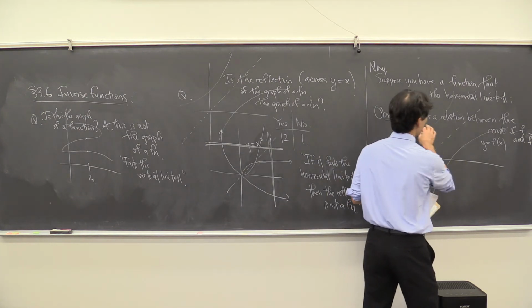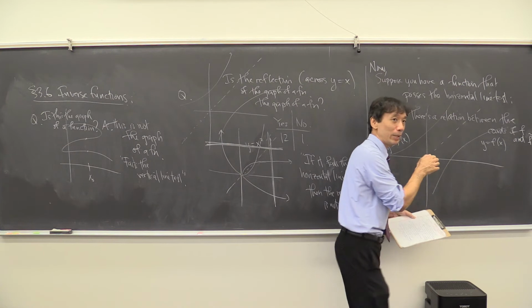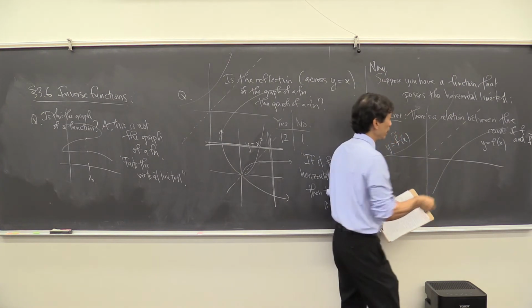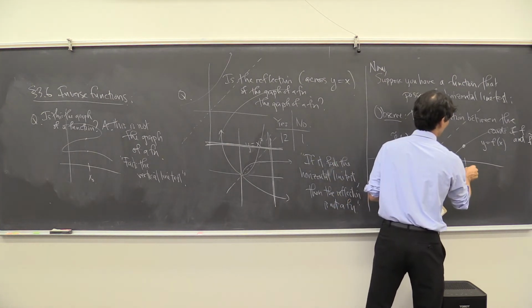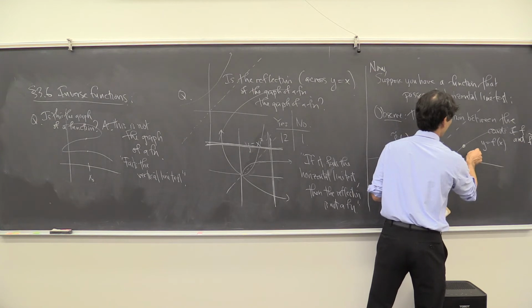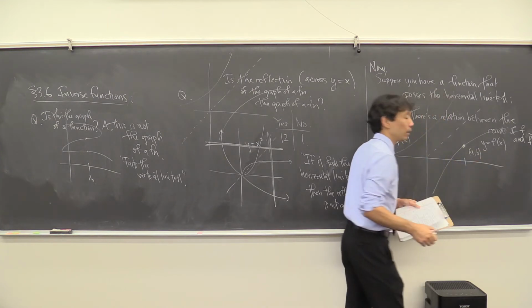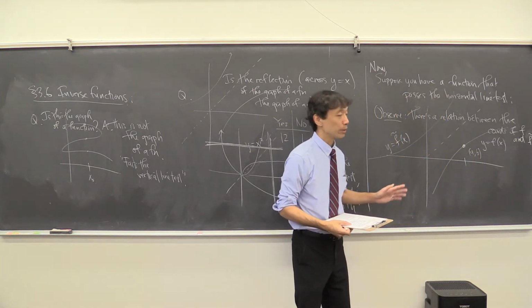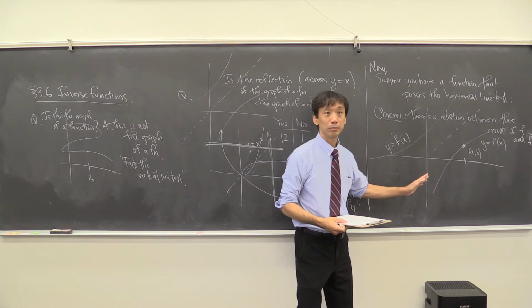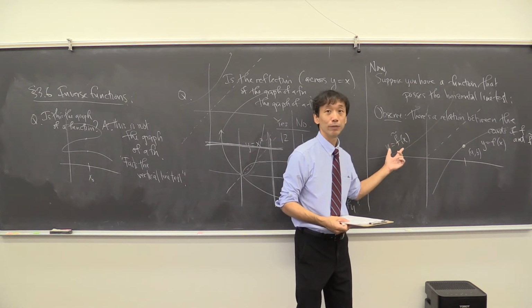So there's a relation between the coordinates. Does anybody notice it? If I have a point here, and that point is (a, b), can you tell me something about the graph of the reflection?